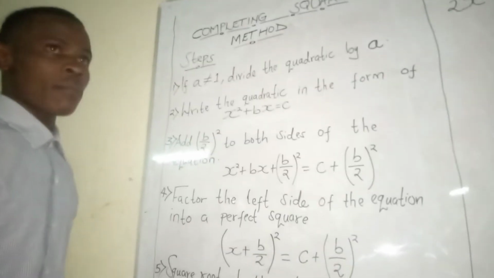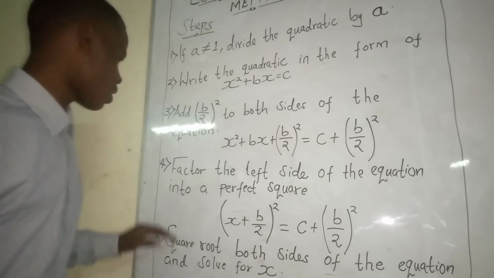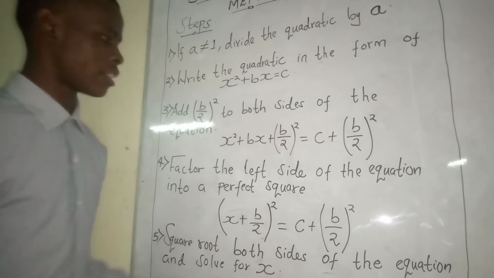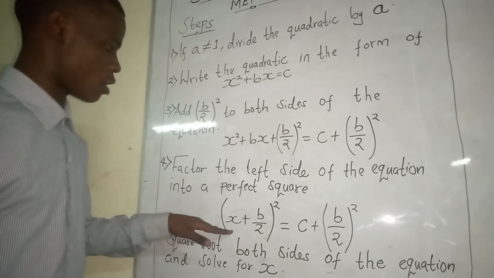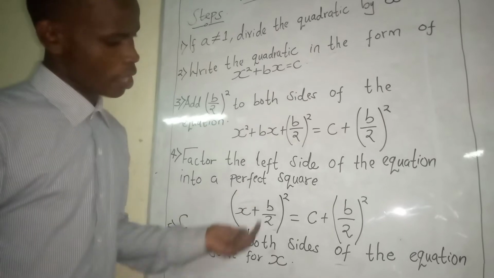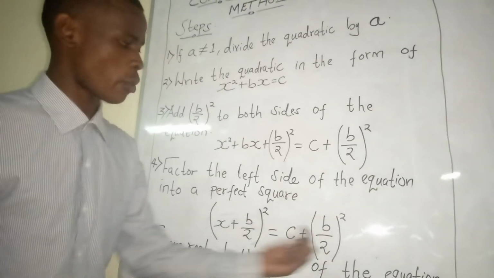Step number 4, which is factor the left side of the equation into a perfect square. When you factor into a perfect square, our equation will be (x plus b over 2) squared equals constant plus (b over 2) squared.